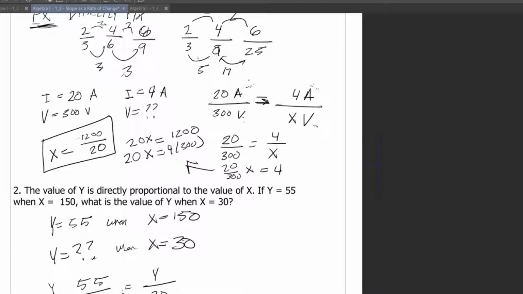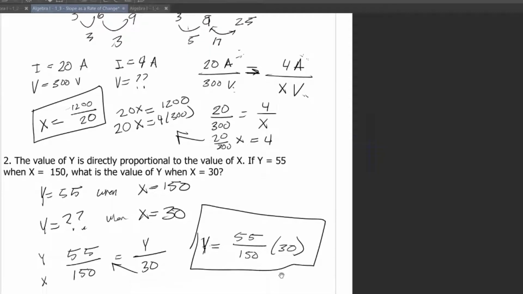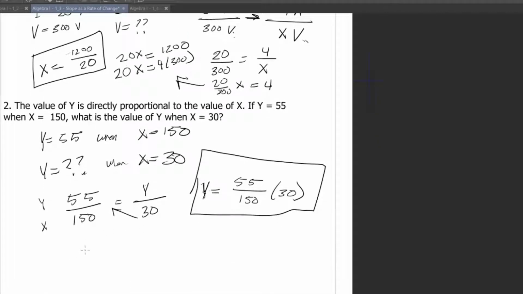So we're going to multiply 30 over here, and we will have y is equal to 55 over 150 times 30. And you can multiply that out if you need to. Okay, so that is generally how you solve for slope as a rate of change.